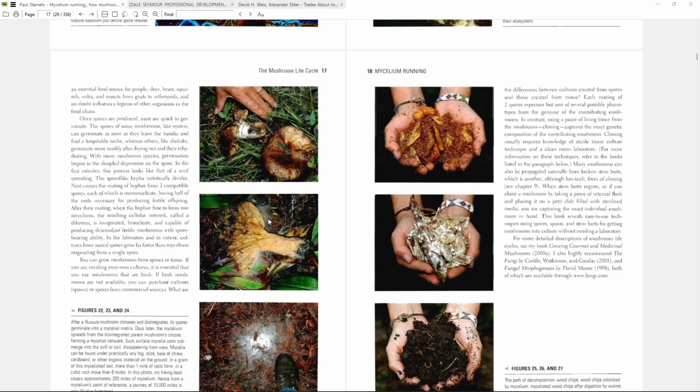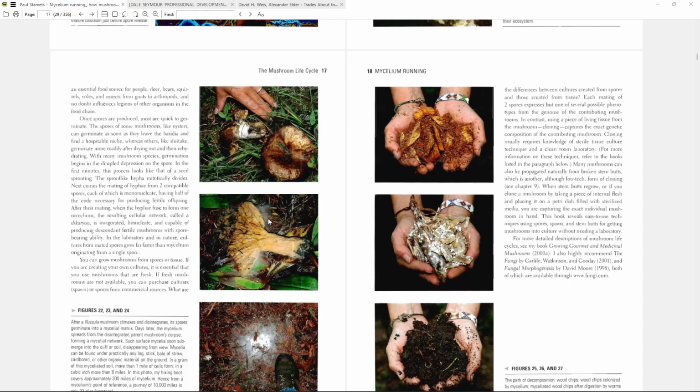Many mushrooms can also be propagated naturally from broken stem buds, which is another, although low-tech, form of cloning. When stem buds regrow, or if you clone a mushroom by taking a piece of internal flesh and placing it on a petri dish filled with sterilized media, you are capturing the exact individual mushroom in hand.